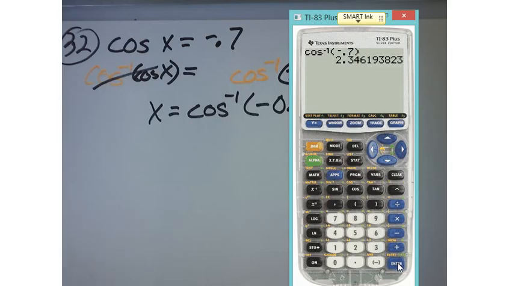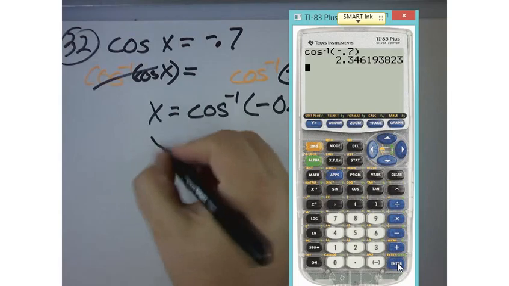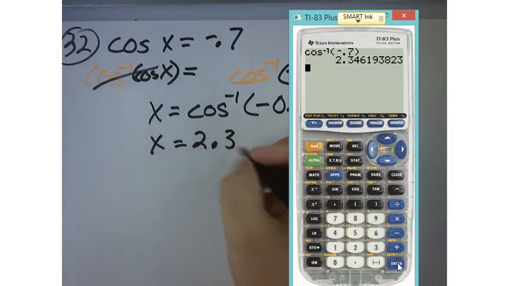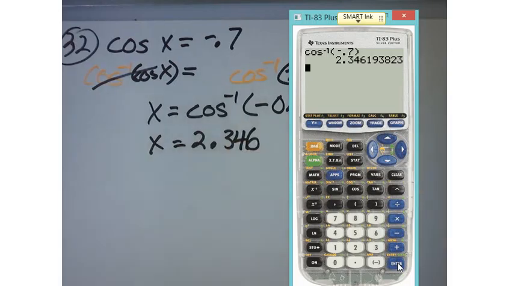The calculator will spit out x is equal to 2.35. Let's go another decimal so you guys can see. 2.346.